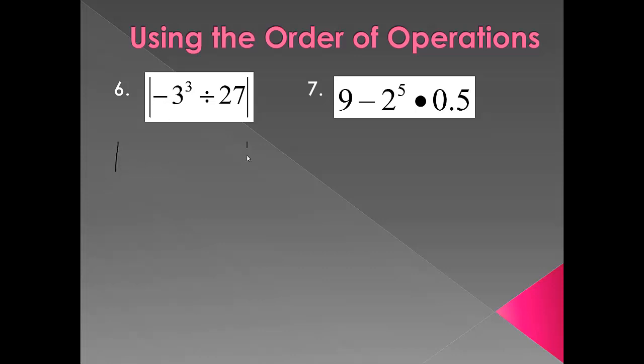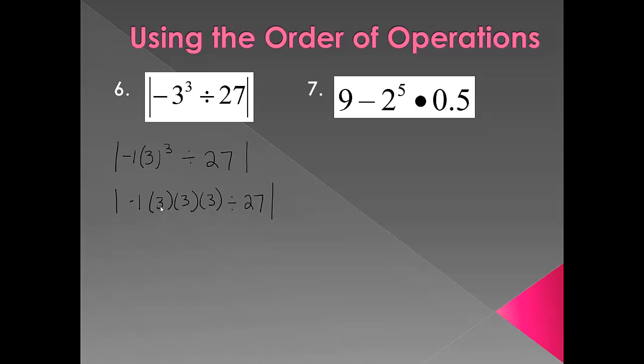So we're going to have negative, or you can say -1 if it helps, times 3 cubed, and then we have that divided by 27. So this is going to be -1 and then it's going to be times 3, times 3, times 3, and then we have divided by 27.